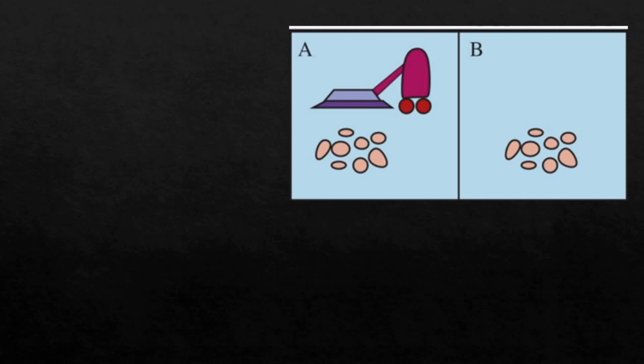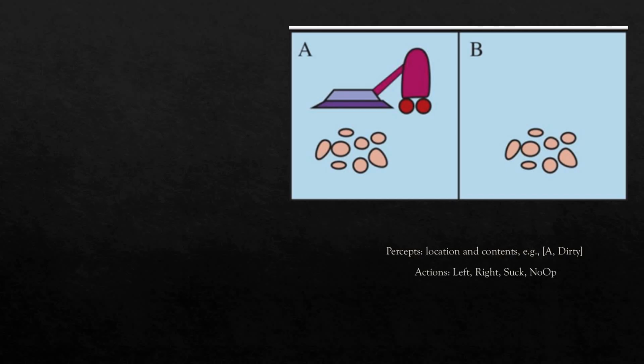Here we have an example of a vacuum cleaner agent. In the squares you can see square A and square B. We have some dirt and we have the vacuum cleaner agent over here. The percepts in this case are the location and the contents: square A is dirty, and similarly square B is dirty as well.